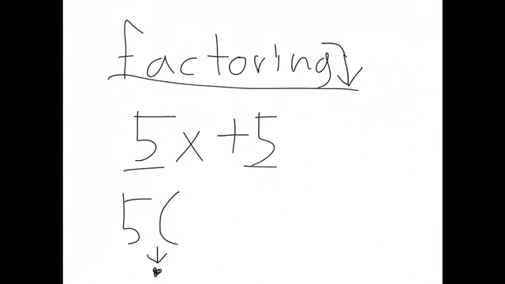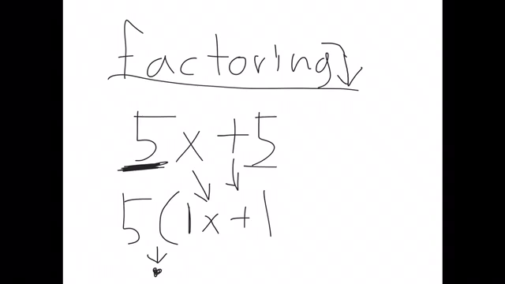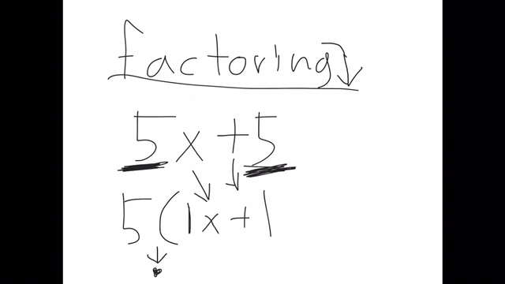How many 5s go into this 5 right here? 1 five does. And then you bring the x down from there. Then you do plus, and then 1, because only 1 five goes into this 5 right here.